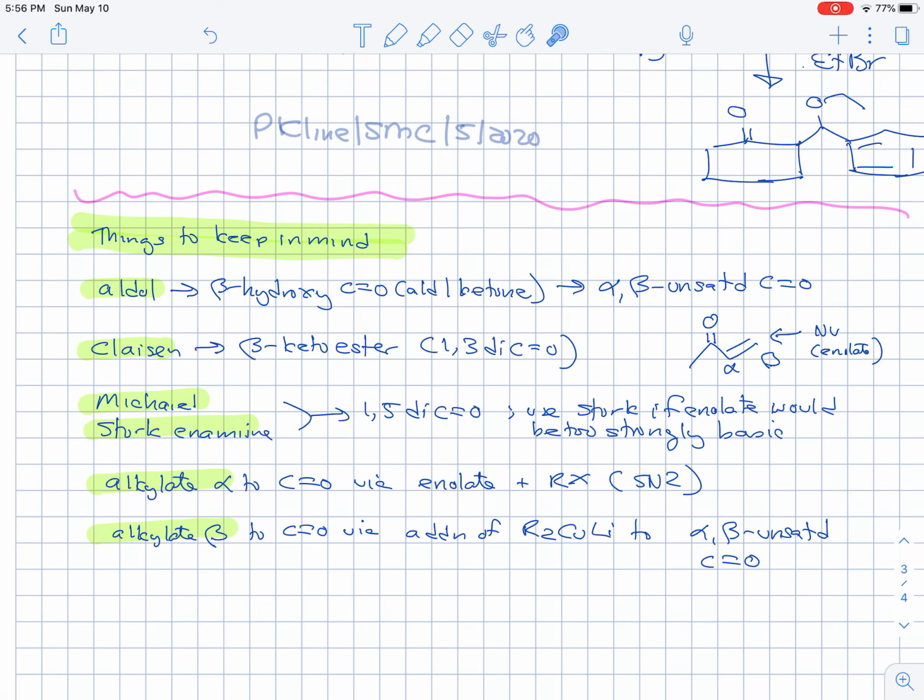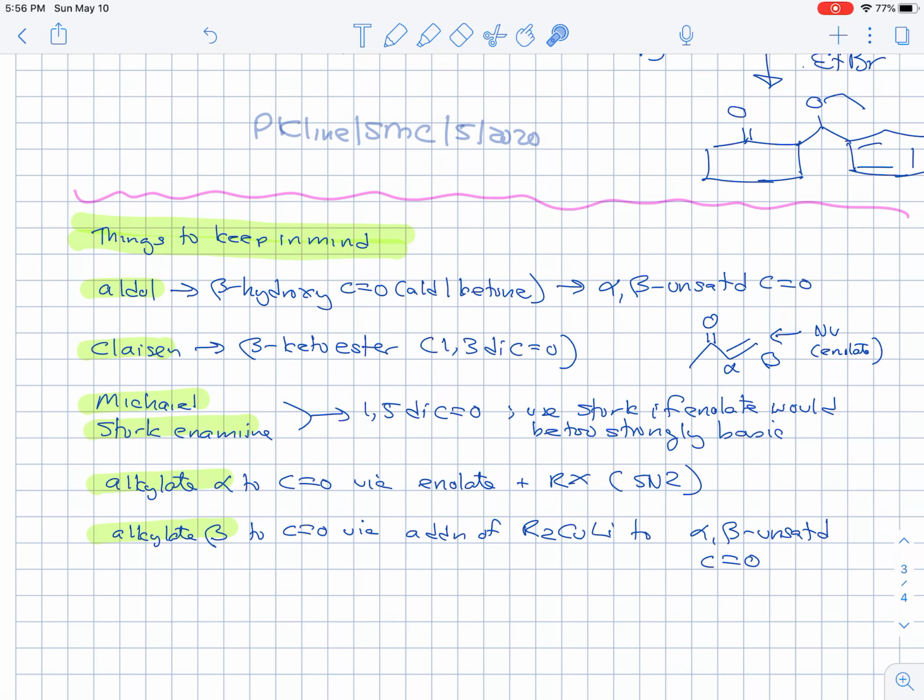And then going back earlier into the chapter, you can alkylate alpha to a carbonyl, just a regular carbonyl, using an enolate and an alkyl halide. That's an SN2 reaction. In this reaction, your alkylating group is acting as the electrophile, the enolate is the nucleophile.